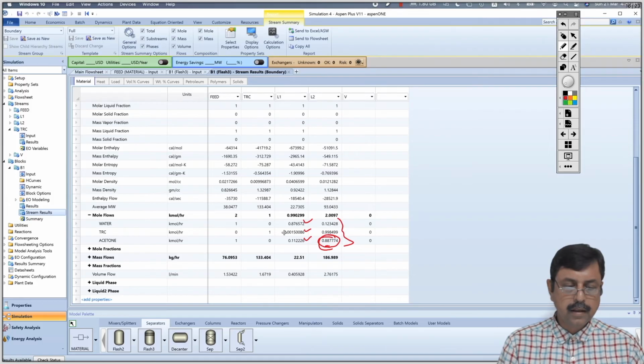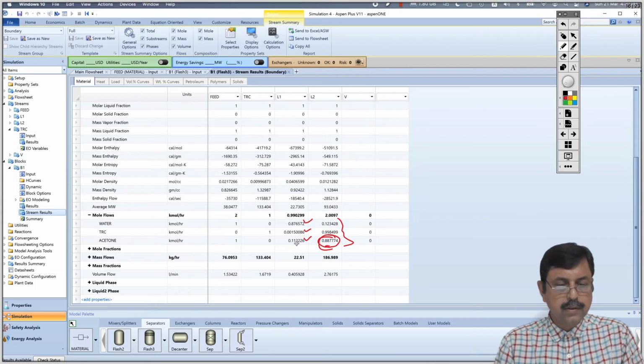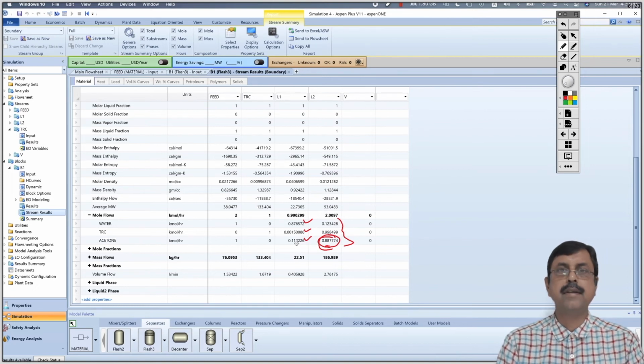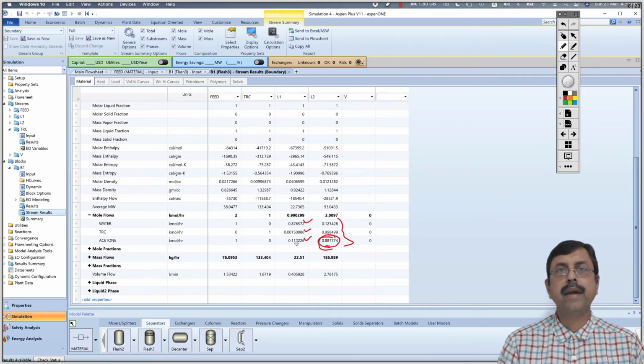So here almost no TRC, water is nearly 90%, and acetone is very, very small. So that's how you can analyze the ternary diagram and check whether your end result of simulation matches with whatever you examine through ternary diagram.